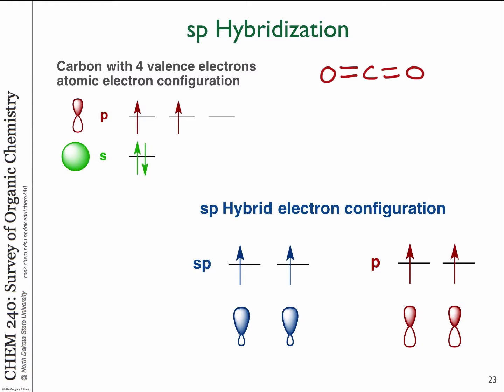The oxygen should be pretty easy, right? Remember, oxygen has two lone pairs. This atom has one sigma bond, one pi bond, and two lone pairs.